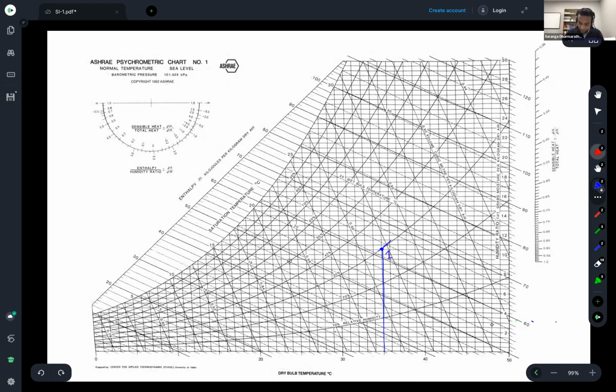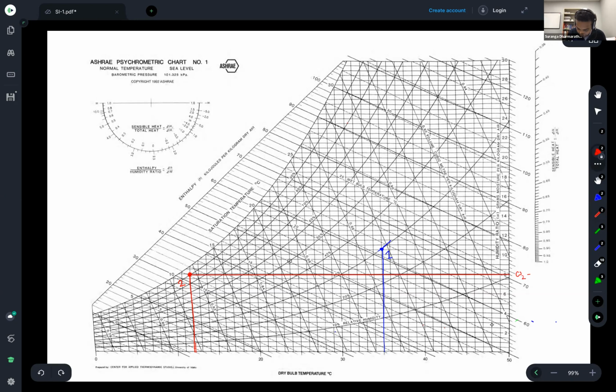And then number 2 is at 12 degrees Celsius and 90% relative humidity. So 12 is here, and 90% is this one. So this is my 2. This is 1 and 2. Okay. And then if I draw a straight horizontal line, I can find omega 2.